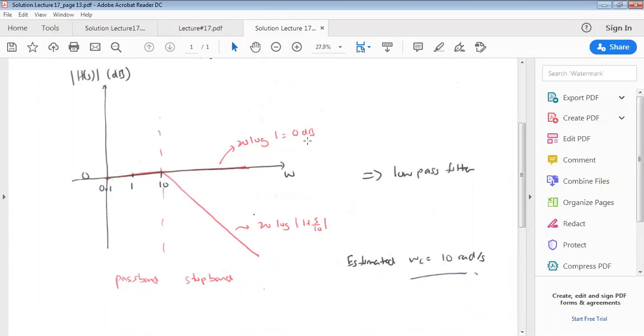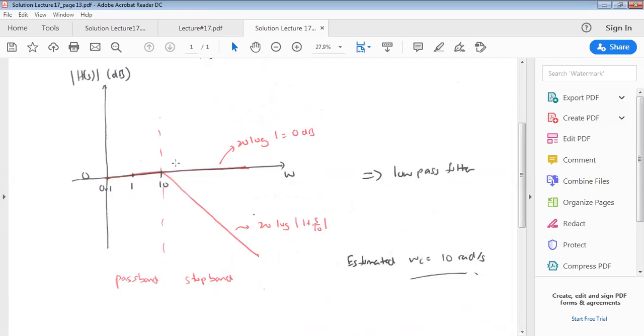So 20 log 1 will be 0 dB, just a straight line at 0 dB. And for the second plot, which is a real pole, we're going to have a 0 dB amplitude up to 10. And after 10, we're going to have a slope of negative 20 dB per decade. This is a common plot for a real pole. You can refer back to lecture 16 for better understanding on how we can obtain this Bode diagram.